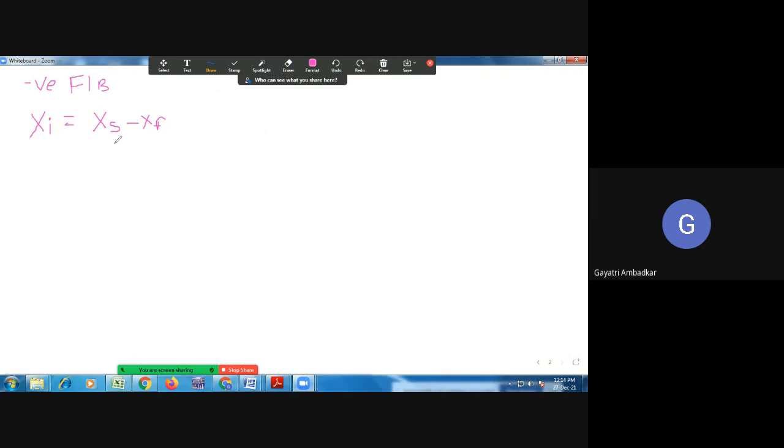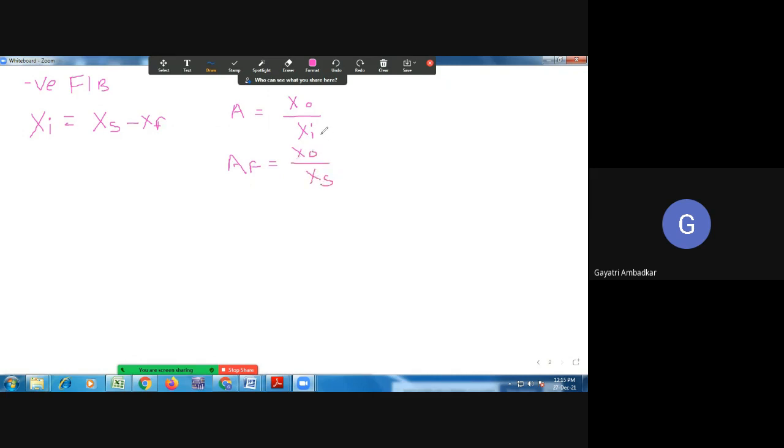So XI is equal to XS minus XF. Okay. Now, what is the gain of amplifier without feedback? It is output of amplifier XO divided by input of amplifier XI. And in case of feedback, the feedback gain is output signal over the input signal XS.